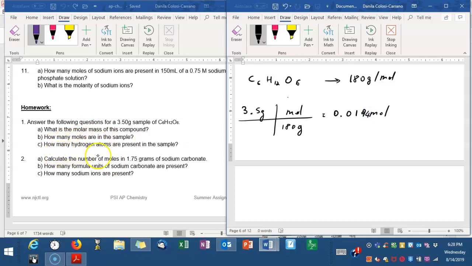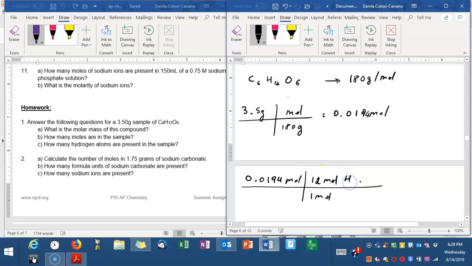How many hydrogen atoms are in the sample? Well, you have 0.0194 moles of the total compound, right? Now, in every mole of your total compound, you have 12 moles of the hydrogen, right? Because it says it right here.